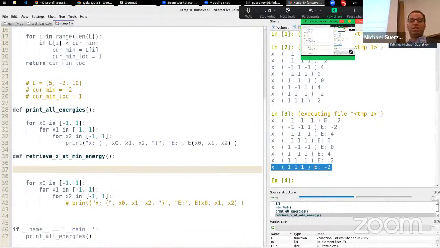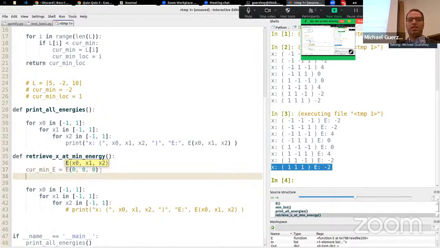Here, I need to start with some energy. So one option is to just do one extra computation and start with the current minimum energy being E at 0, 0, 0. And then I'll do per min x0. I used again the keyboard trick.